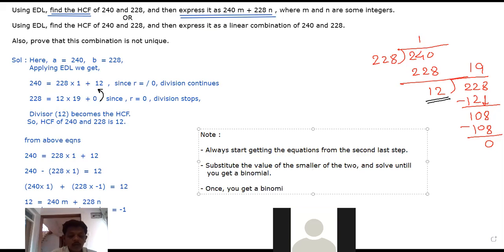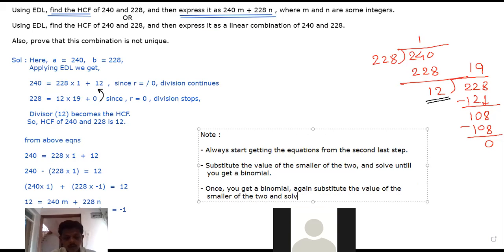Once you get a binomial, again substitute the value of the smaller of the two and solve until you get a binomial.